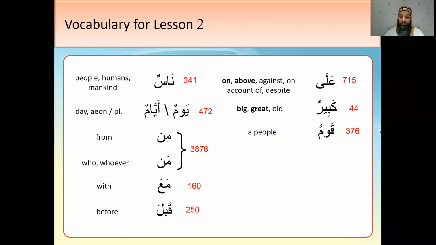$376, a nation. قوم. Urdu word as well. كثير, Ibn Kathir. Ibn Kathir had what? A bit of knowledge or a lot of knowledge? A lot. So that's كثير. Much, a lot. And in Urdu, we say aksar.